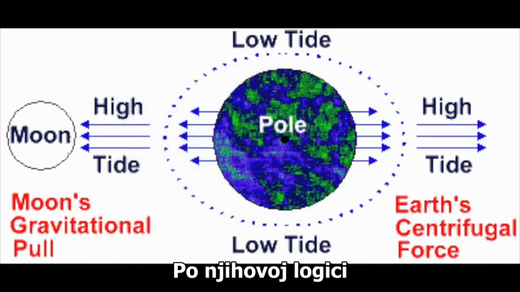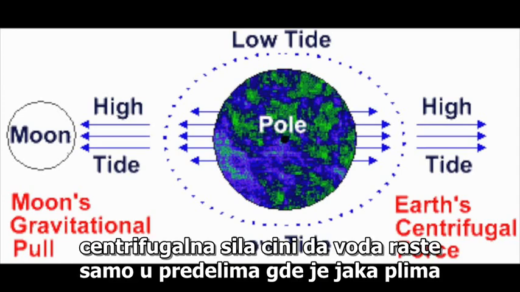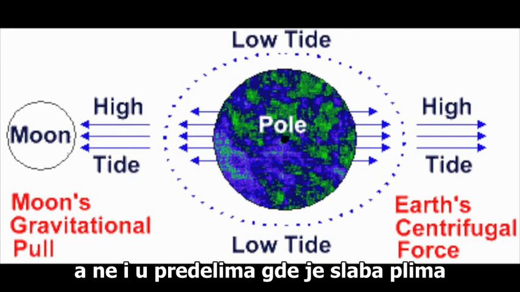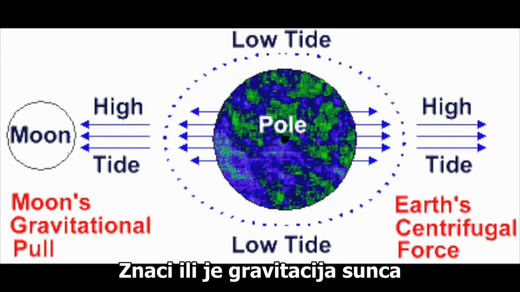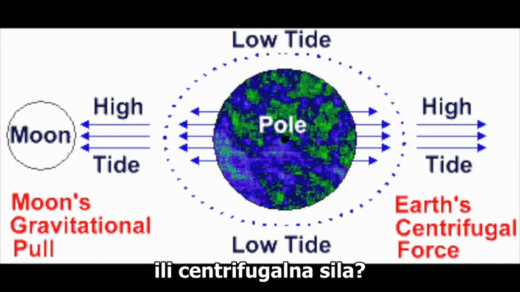So, according to their logic, the centrifugal force only makes the water rise in the high tide area, but not the low tide area. So you're saying either it's the sun's gravitational pull or either it's centrifugal force. Let's see if there's another one.